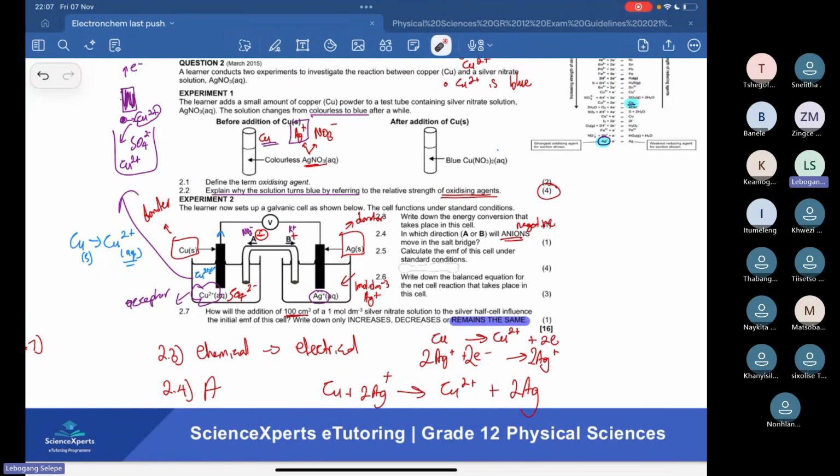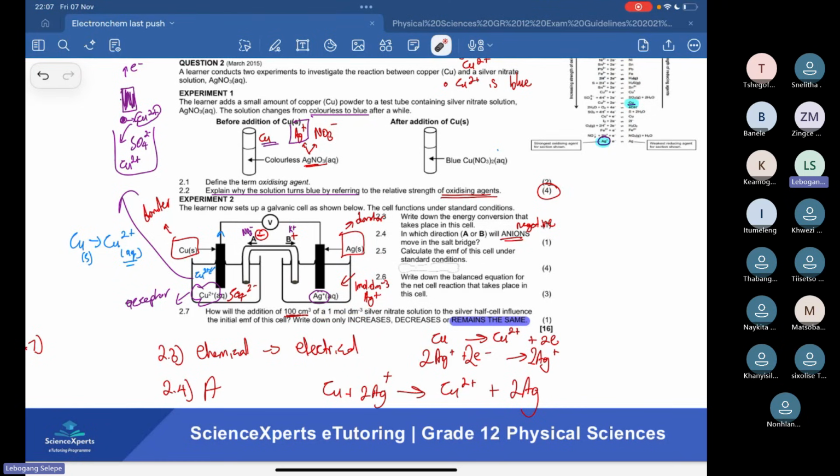So if I increase the concentration of Ag+, then it means that the forward reaction would be favored. But then look, guys, I did not increase the concentration of Ag+. I added Ag+ of 1 mol per dm³.